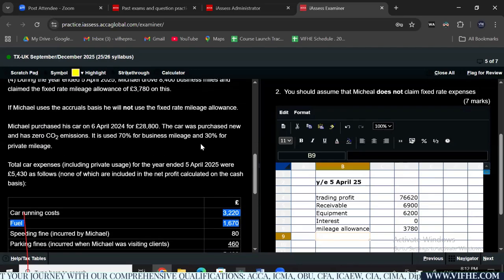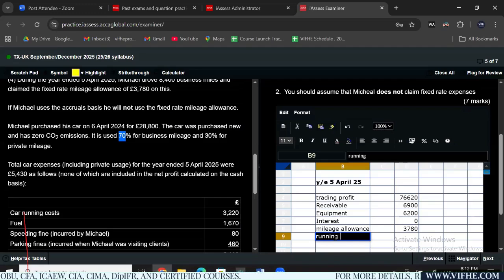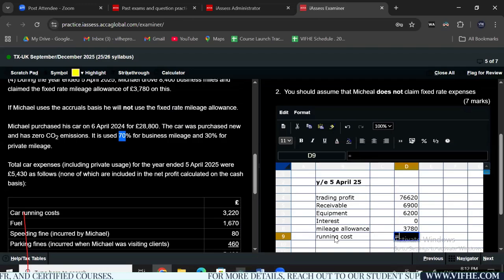And how much is relevant to the business use? It is said in the earlier paragraph that the car is being used 70% for business and 30% for private purposes. So I'm just going to deduct the actual car's running cost. I'm just going to put a minus sign before that. 3220 is the running cost. Then fuel cost is 1670.